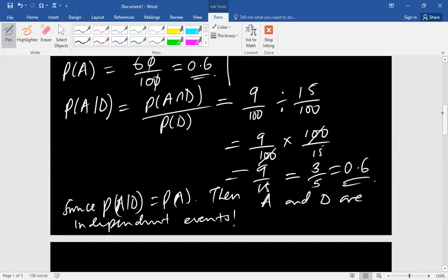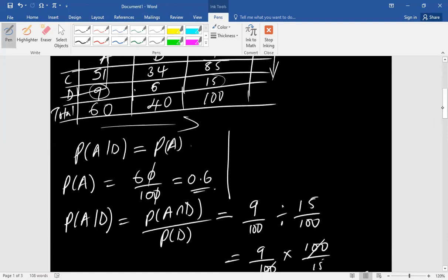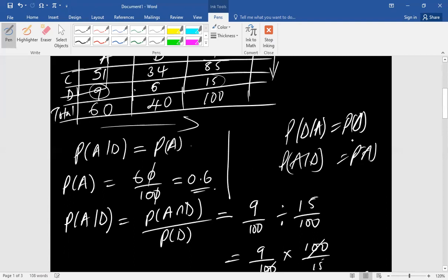You can also prove it in the other way. You can say the probability of D given A should give us the probability of D, or the probability of A given D should give us the probability of A. Once this works, that means they're independent.